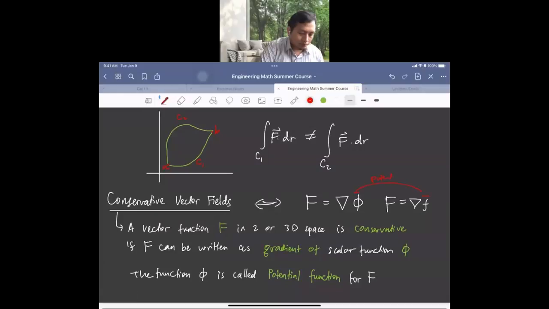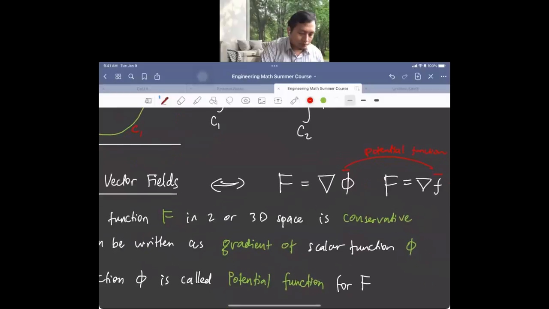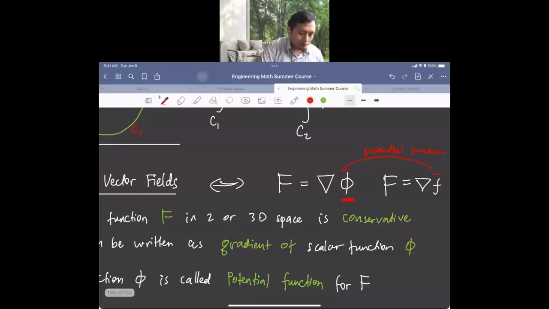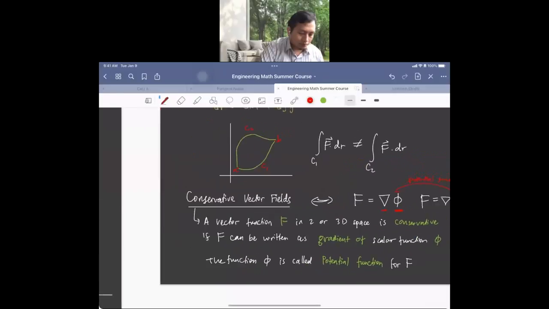So this small f or this psi is the potential function. If there exists a scalar function such that F is its partial derivatives, it means that F is conservative.